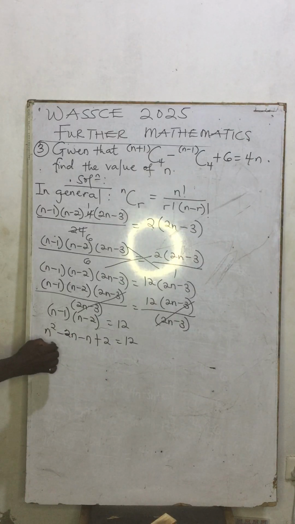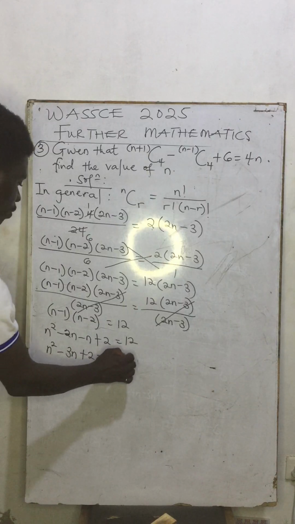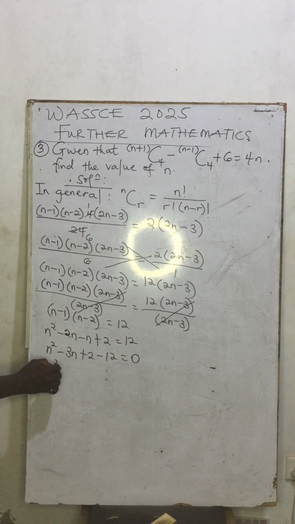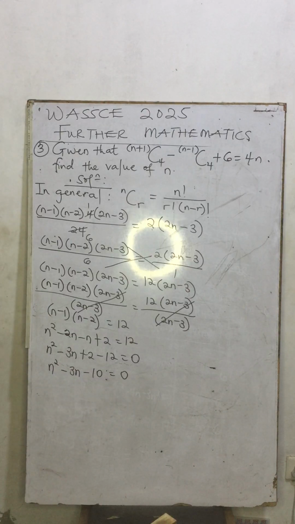So we have n squared minus 3n plus 2 minus 12 equals 0. n squared minus 3n minus 10 equals 0. So now that's a quadratic equation. So we want to solve the quadratic equation.